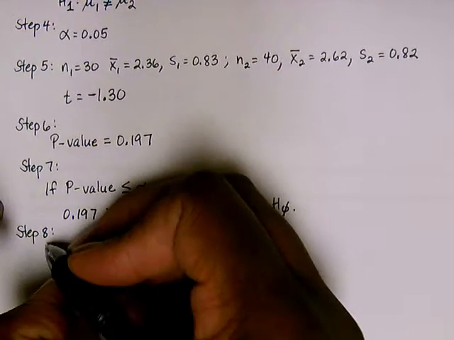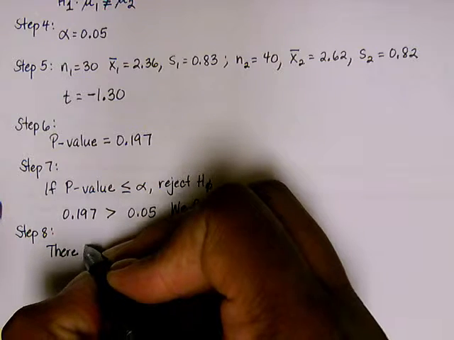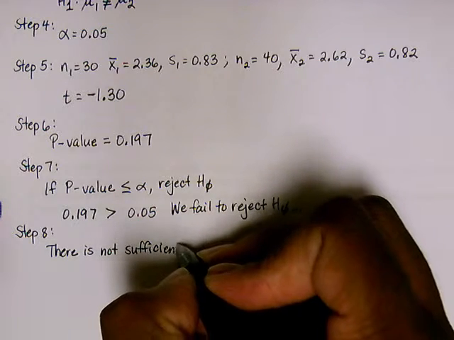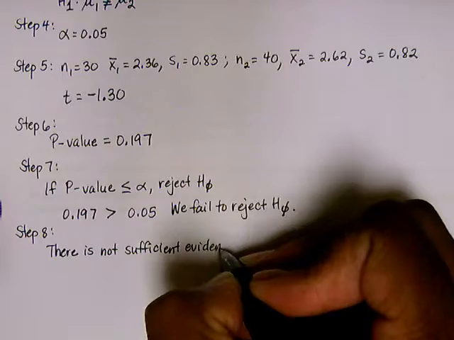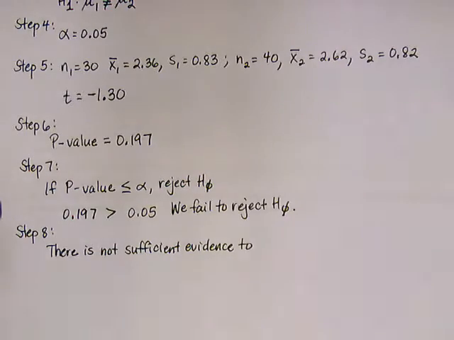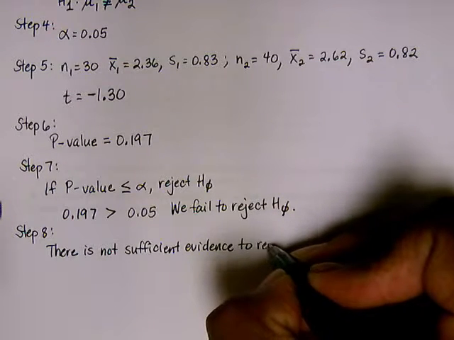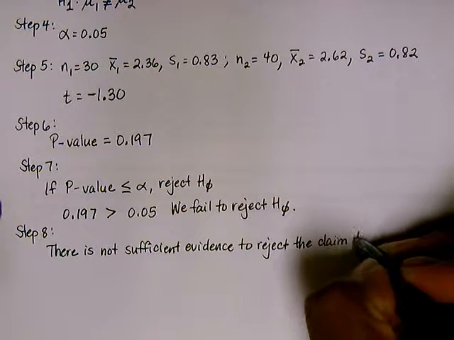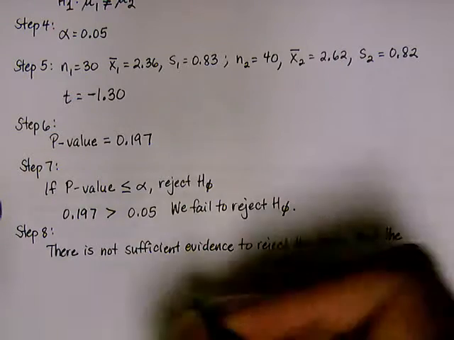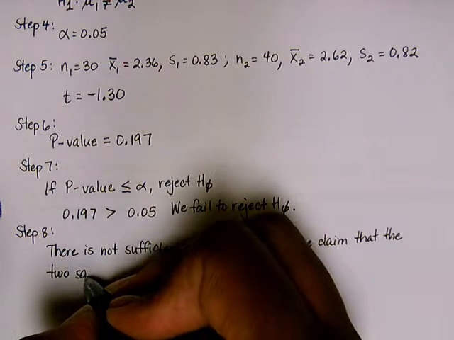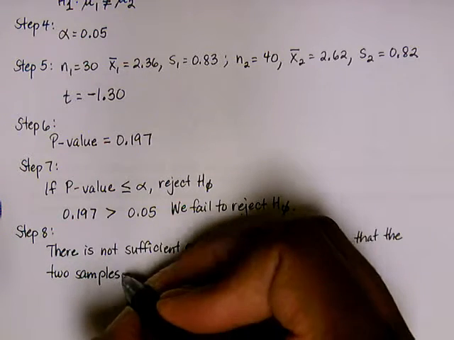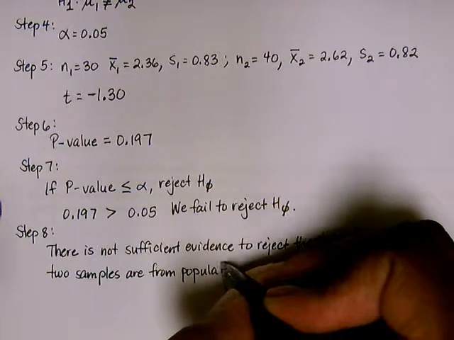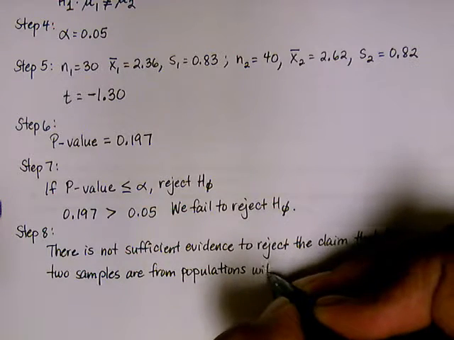So that means our statement will be this: there is not sufficient evidence to reject the claim that the two samples are from populations with the same mean.